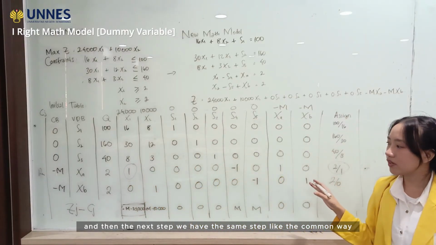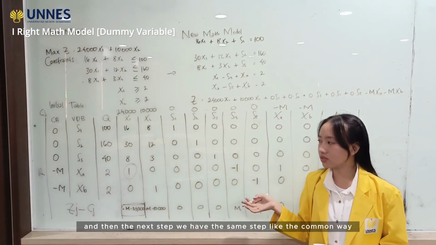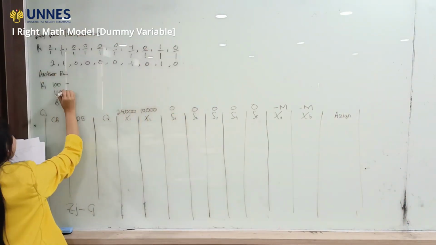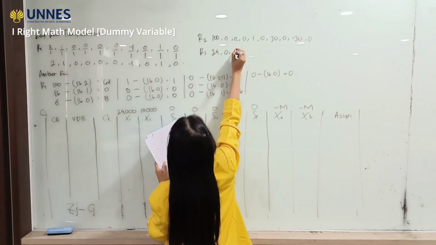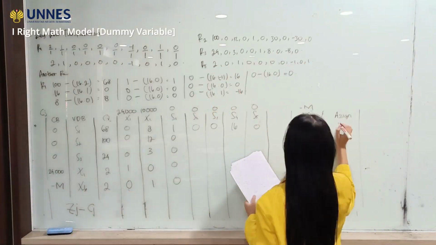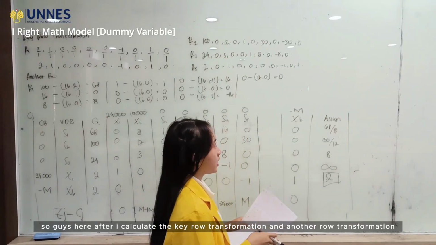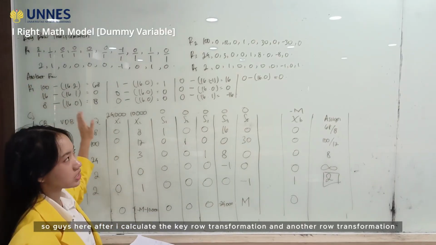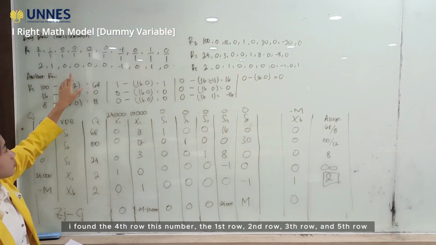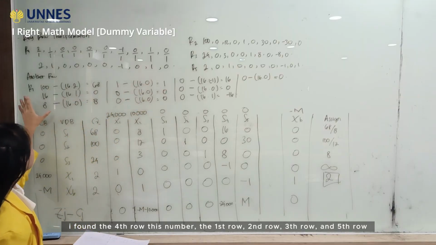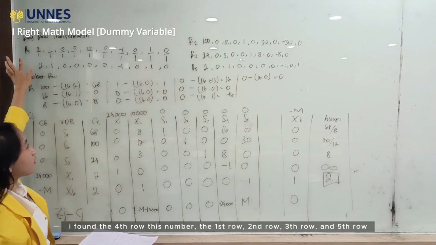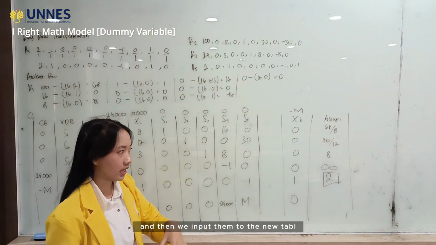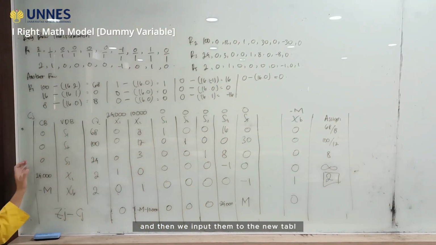And the next step, we have the same step like the common way. So guys, after I calculate the K row transformation and the other row transformations, I found the first row, this number, and then this is the fourth row. This is the first row, this is the second row, the third row, and the fifth row. And then we input them into the new table.